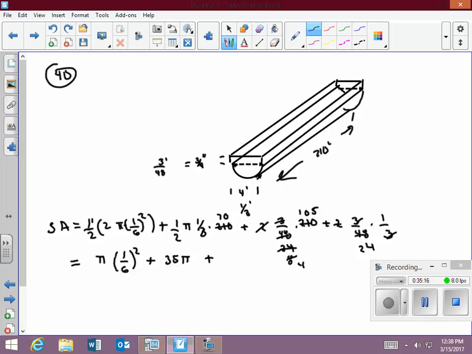So what I got is this 105 over 4, and the next one is a plus 1 over 24. Is that right?